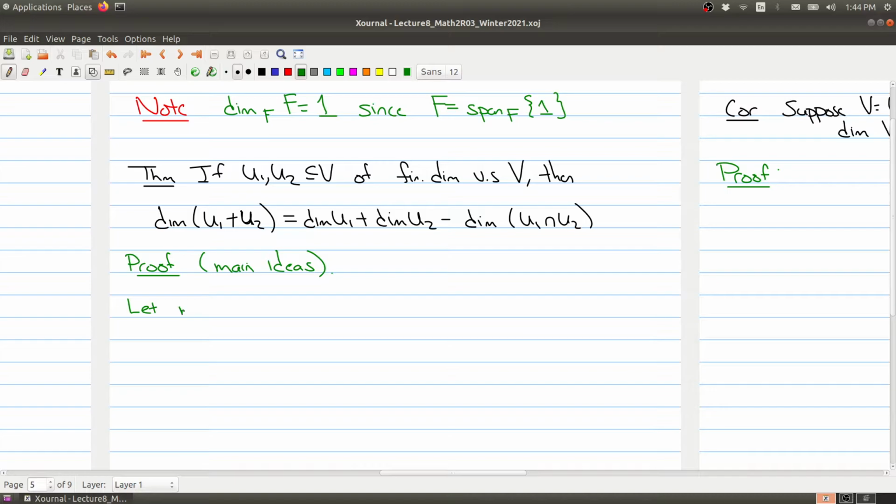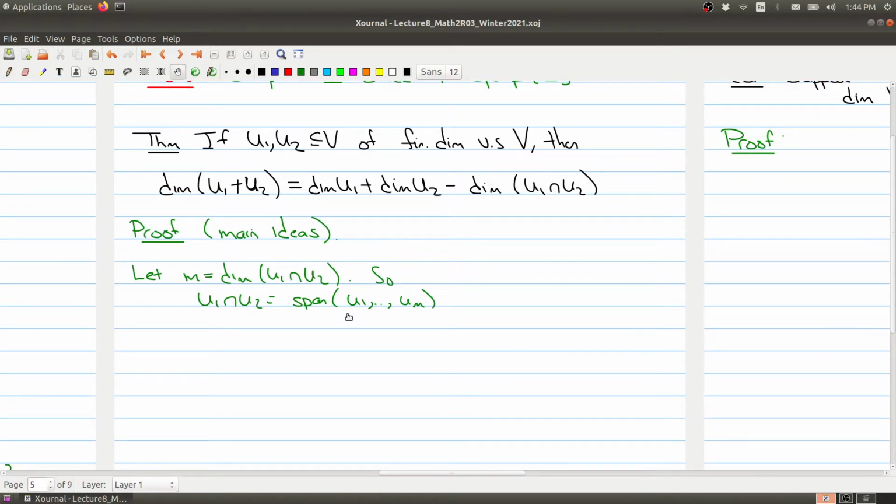We take M to be the dimension of the intersection of these two spaces, where they overlap. Since this is a finite dimensional vector space, U1 intersect U2 is equal to the span of a collection of vectors, u1 through uM. These are vectors that are both in U1 and in U2.